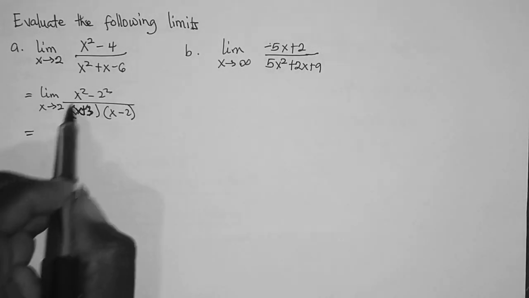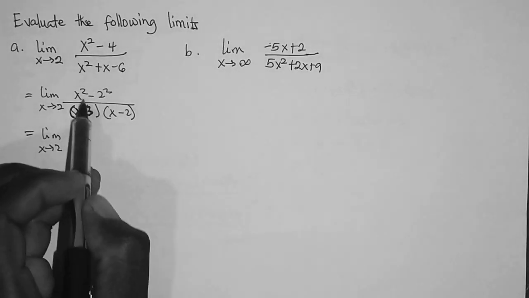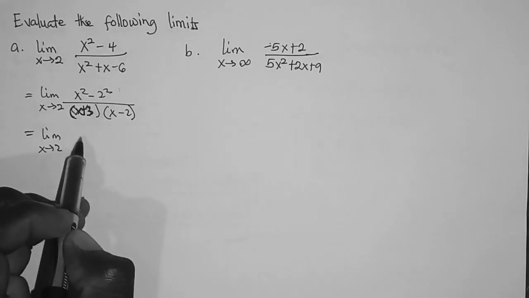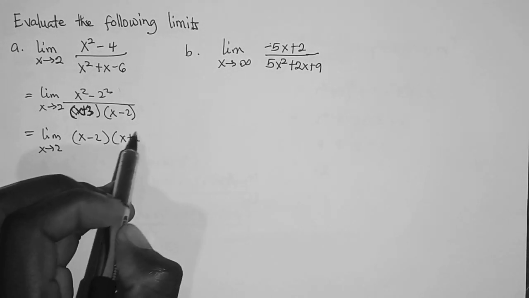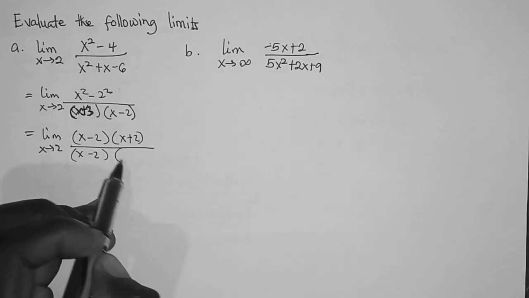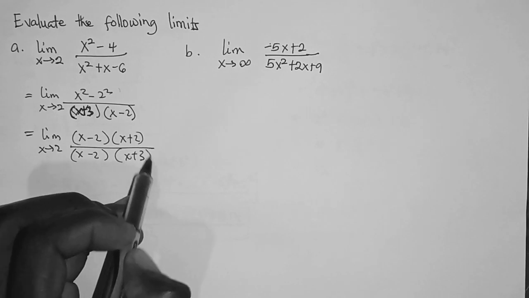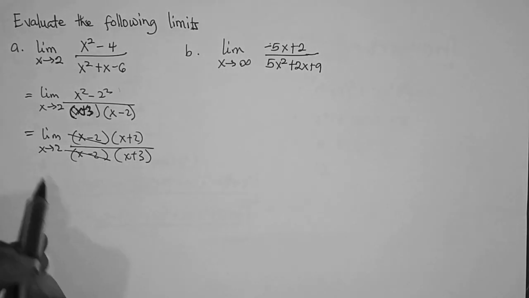And this is equal to the limit as x approaches 2. Now this numerator is a difference of 2 squares, so it becomes x minus 2 in one bracket times x plus 2 in another bracket, divided by x minus 2, then x plus 3. So at the end of the day, x minus 2 and x minus 2 cancel out.